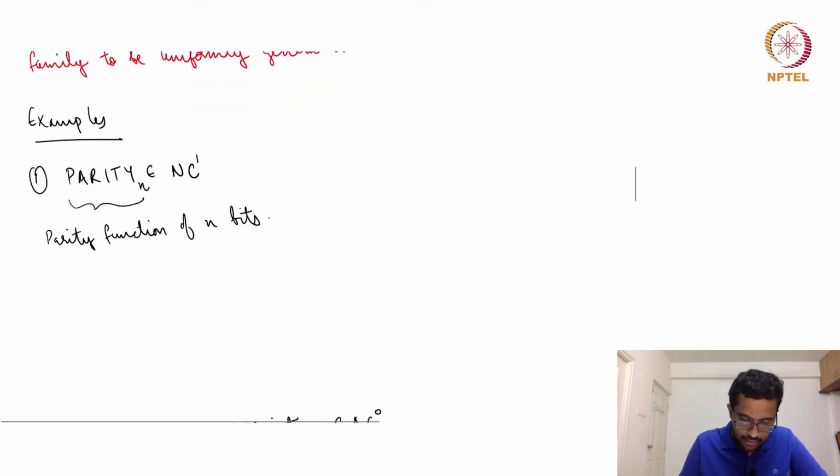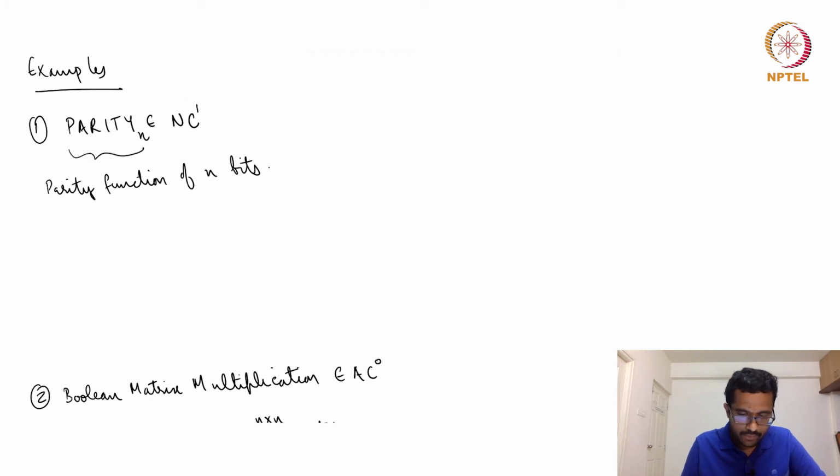Right. So the first example is parity. Okay. So parity is simply, if you have n inputs, a generalization of XOR, right?